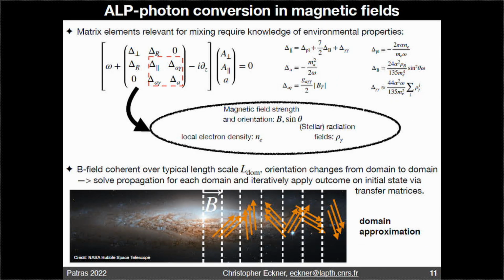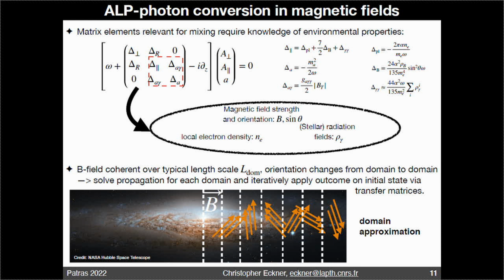And then, in the end, to compute the number that we expect for the conversion probability, we resort to the typical thing that you do, a domain-by-domain analysis, saying that the magnetic field in a star-forming galaxy has a certain typical coherence length in which the orientation is fixed, and it also has a fixed strength.